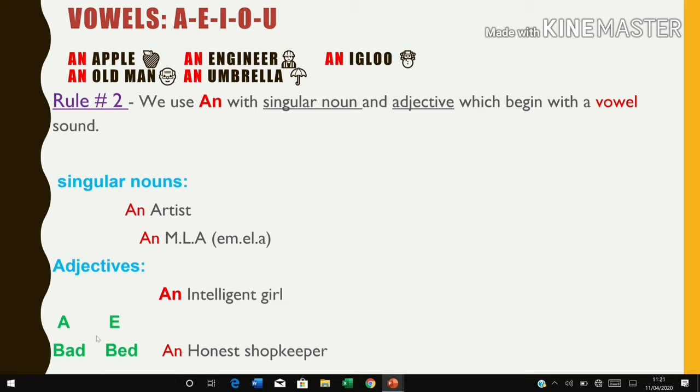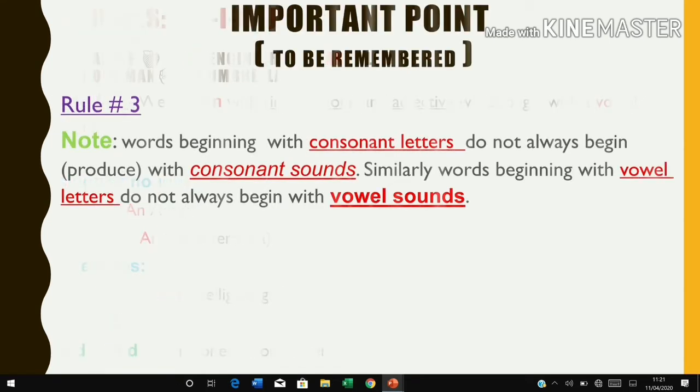These are the sounds of the vowels produced with the vowel letters. Got it? The next rule is a very important point to be remembered in our topic: words beginning with a consonant letter.